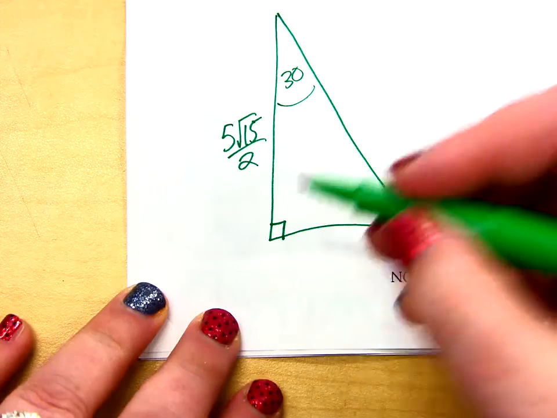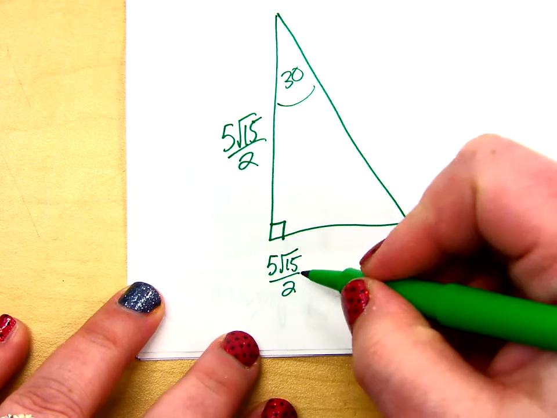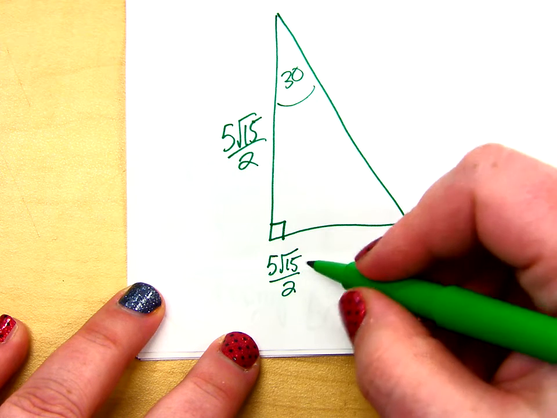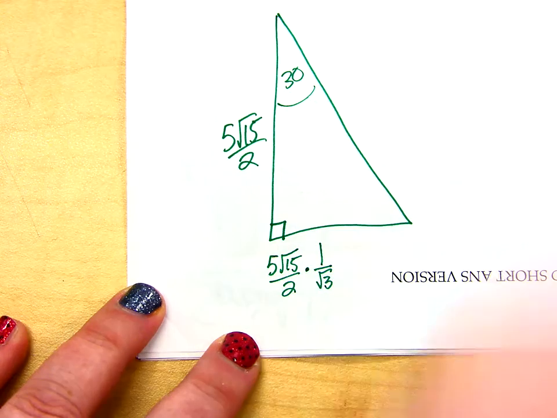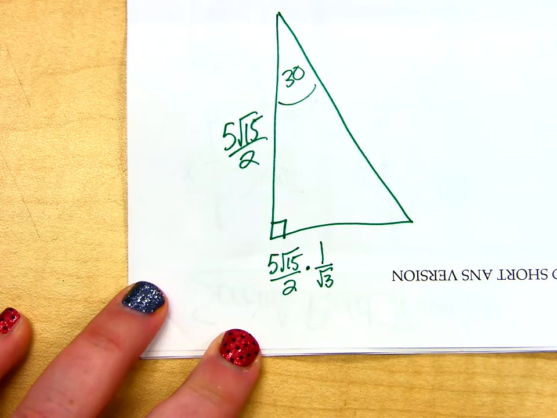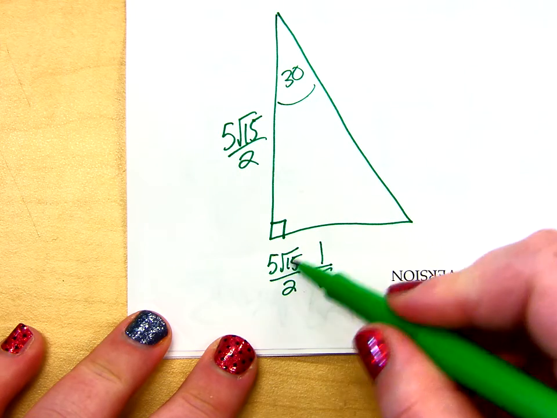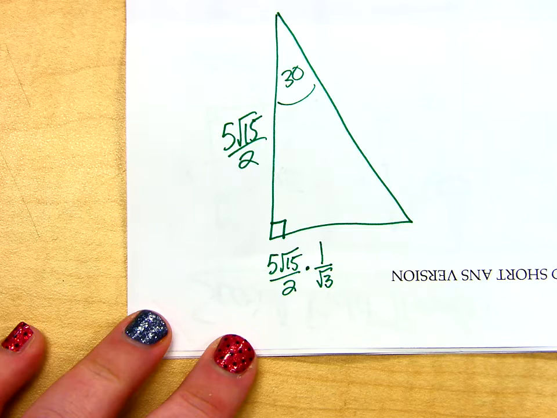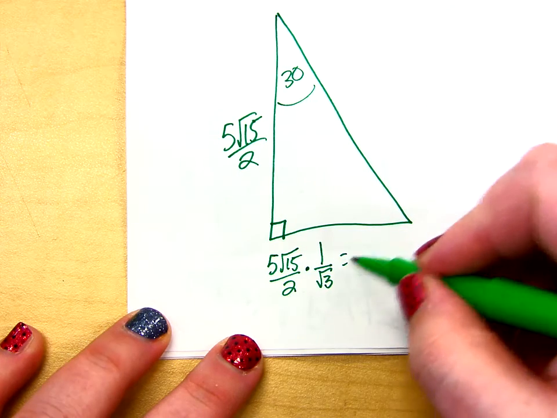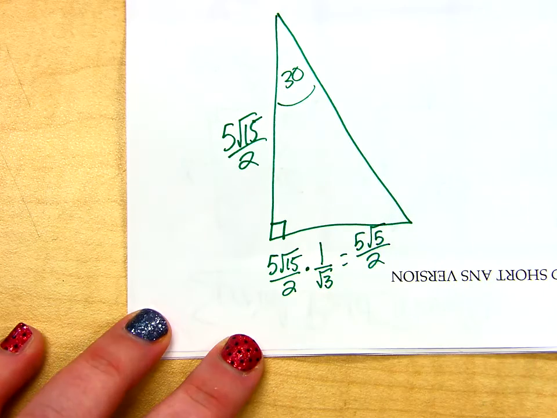So, okay. So you would have 5 root 15 over 2, and then instead of dividing by root 3, isn't that the same thing as multiplying by the reciprocal? So you might do that. And now you can reduce these two with each other, because they're both in a radical. Yeah, so you end up with 5 root 5 over 2.